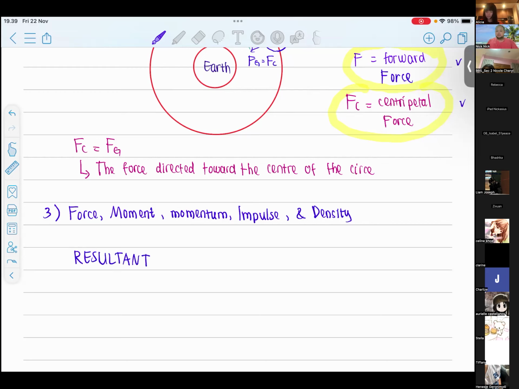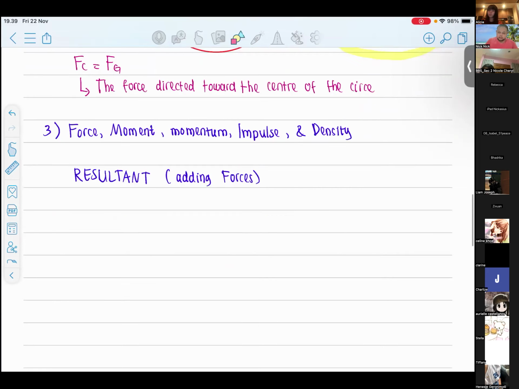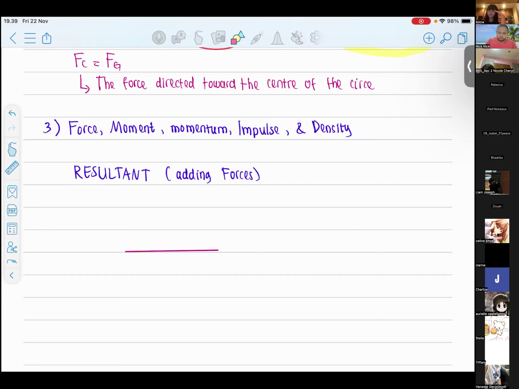The first thing we talk about with resultant is adding forces, right? Let me directly give an example.